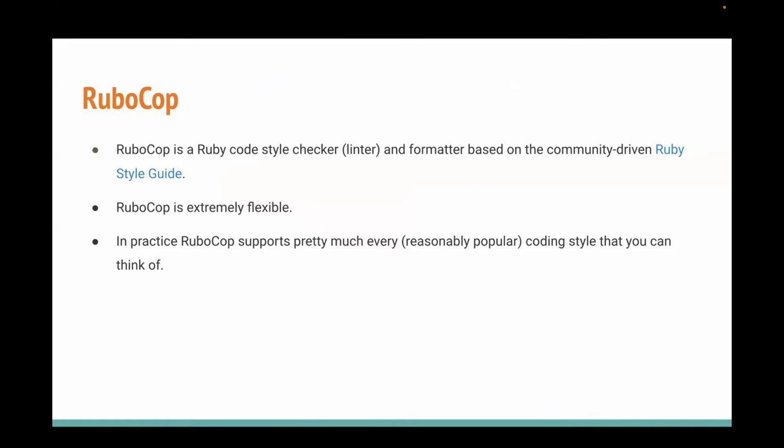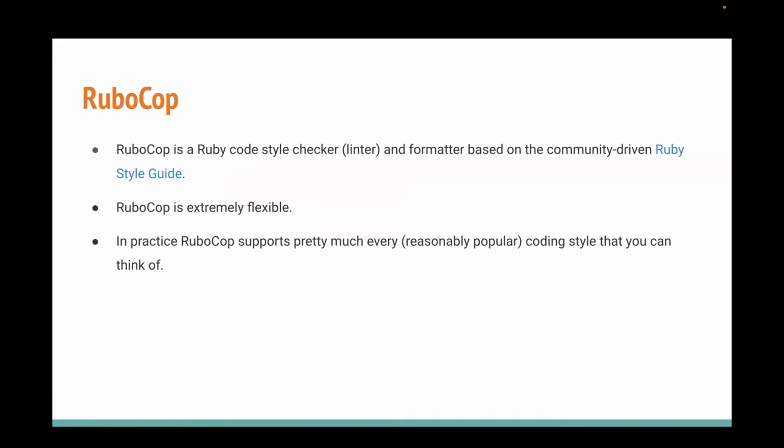Rubocop is a Ruby code style checker and formatter, which is based on the Ruby style guide. It was created by a person named, I think, Bozhidar Batsov. I really don't know how to pronounce that name, but he introduced Rubocop in 2012, and I think the latest version was recently introduced on September 1st.